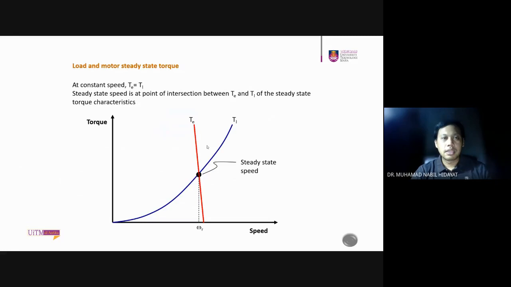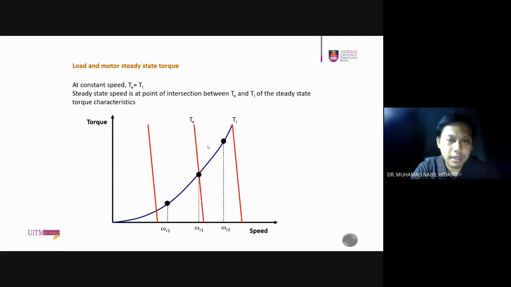So at constant speed, Te is equal to TL. Same thing at the same condition. So for different Te, you have the TL. During this point here, you can see that Te equals TL. This graph is a bit off, so it should be here.